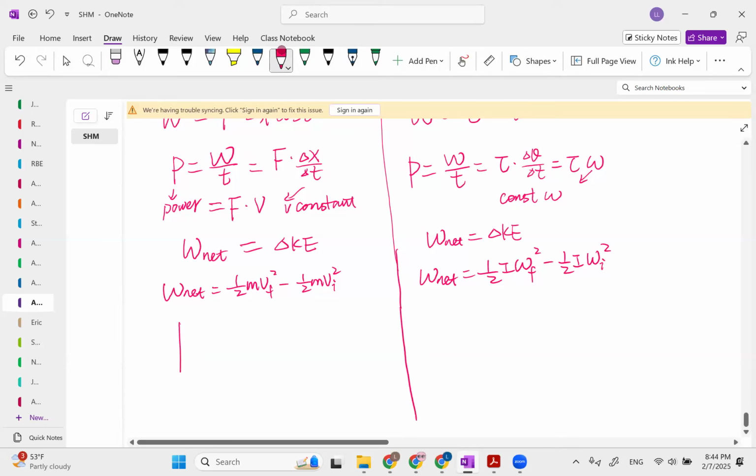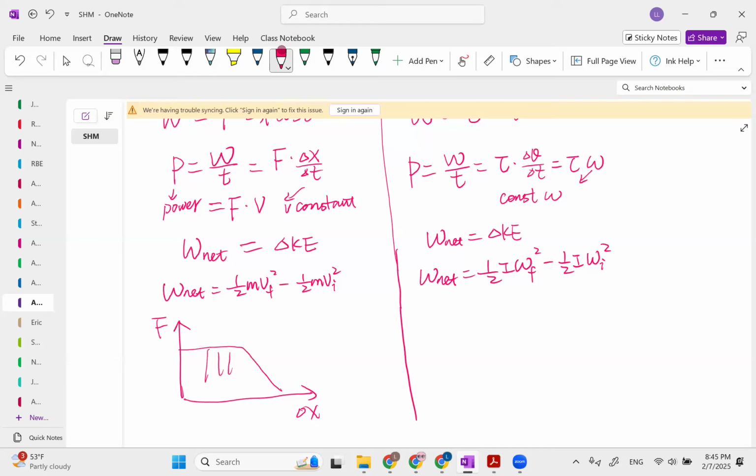And then remember, we talk about this force versus x, right? You use the area under the curve, you get work, right? Similarly, you get torque versus theta.